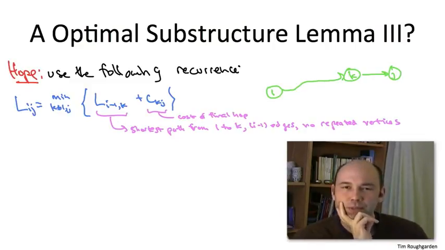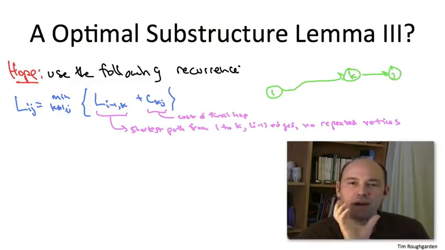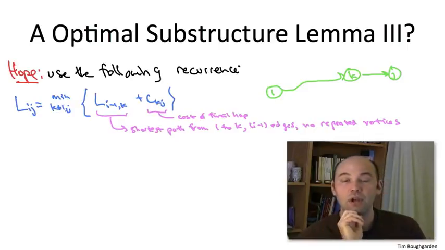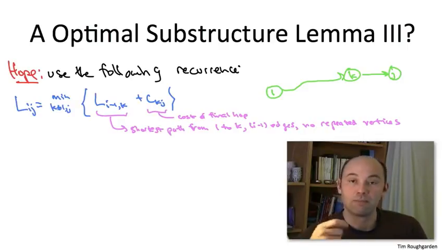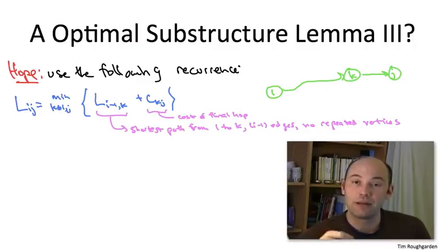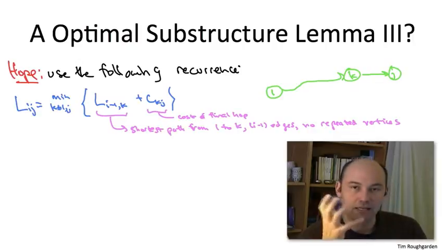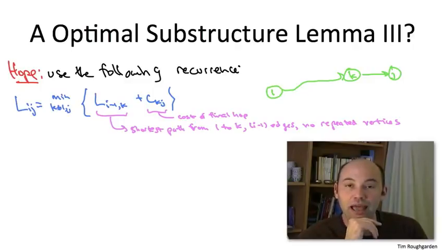So what's the problem? Well, the problem is that we've defined our subproblems to disallow repeated visits to a vertex. So when we compute a subproblem, we better make sure we're respecting that constraint, that no repeated visits are allowed. And if we have in our mind concatenating a shortest path from 1 to k with no repeats with this final hop k to j, well, this might result in a repeated visit to j.